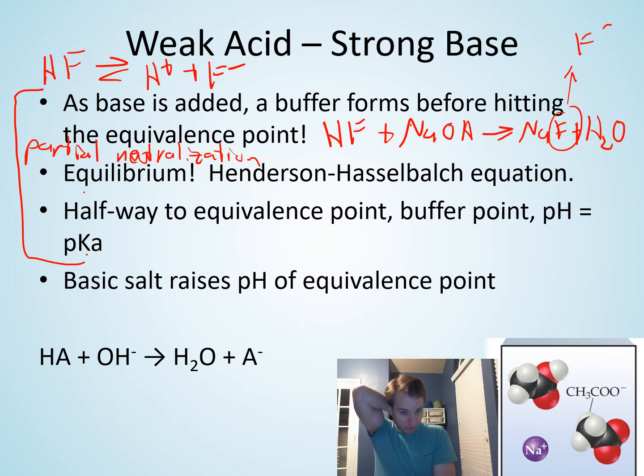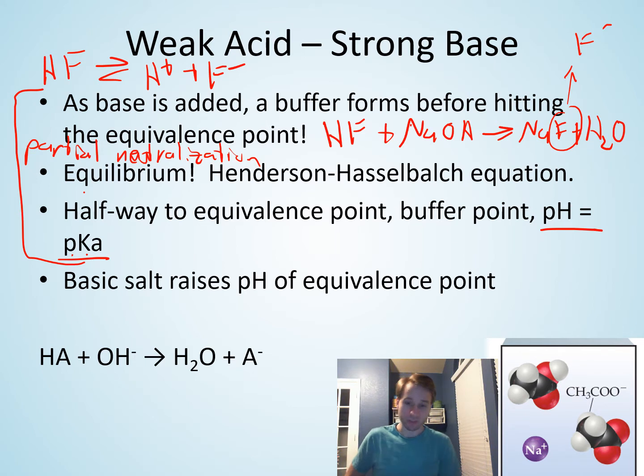Okay, now when you reach halfway to the equivalence point, and the equivalence point again is when I've added equal amounts of acid and base in solution, halfway to that point, you will have a buffer solution in which the pH will equal the pKa, okay?